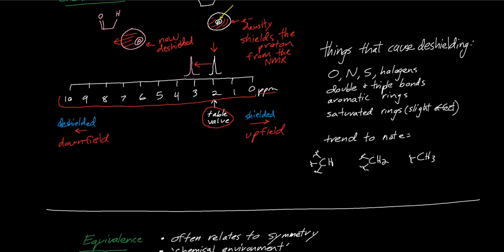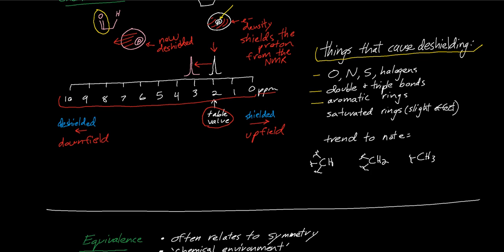De-shielding is often the result of an electronegative atom or group of atoms. So things that cause de-shielding: oxygen, nitrogen, sulfur, halogens like chlorine, fluorine, bromine, iodine. They're all electronegative. They pull electron density away from protons, and they de-shield, causing a shift to the left. Double and triple bonds have the effect of de-shielding.